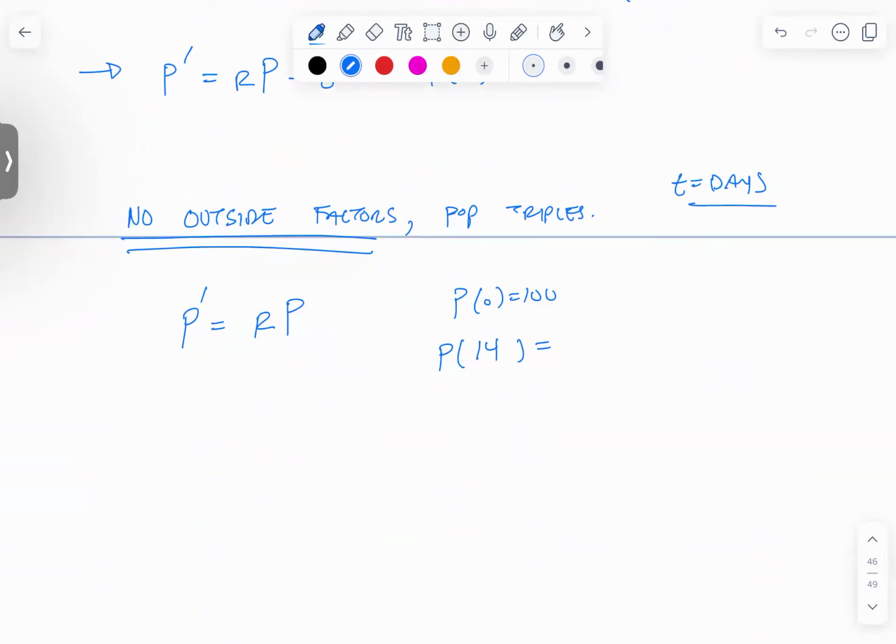So P of 14 equals what number? 300. Yes, 300. We don't need to do 3x, we can actually just calculate it as is.